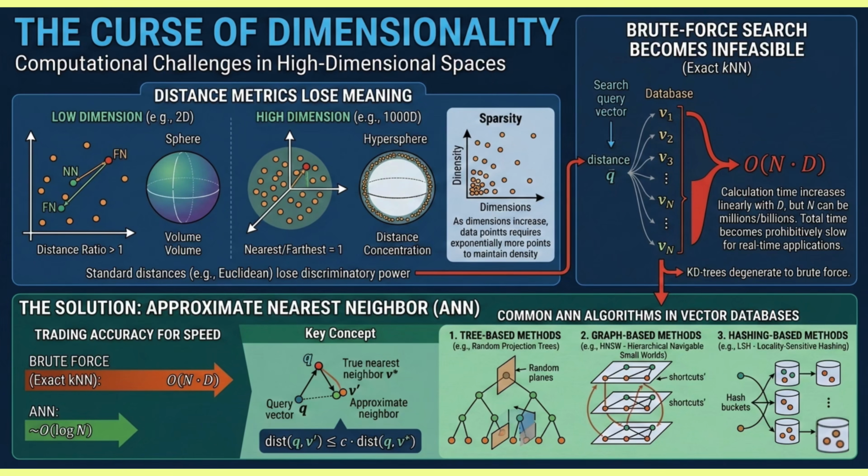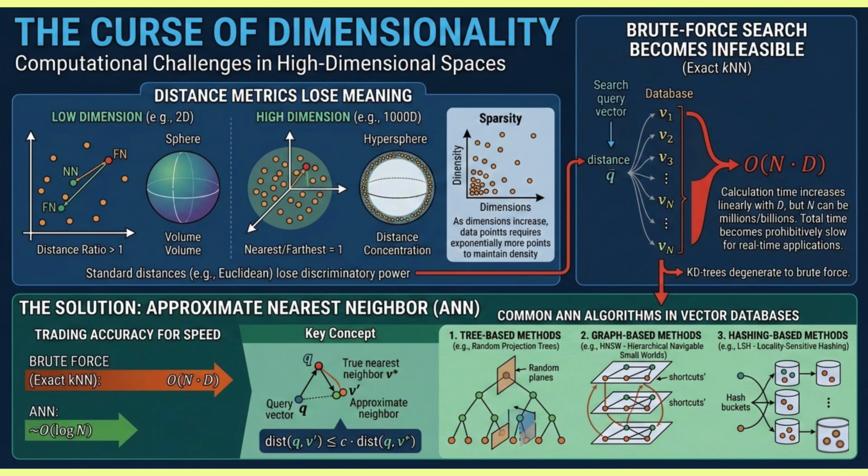As d increases, the time taken for each distance calculation increases linearly, which involves d subtractions, d squarings, and d additions. Since vector databases can contain millions or billions of vectors, the total time for n times d operations quickly becomes prohibitively long for real-time search applications.